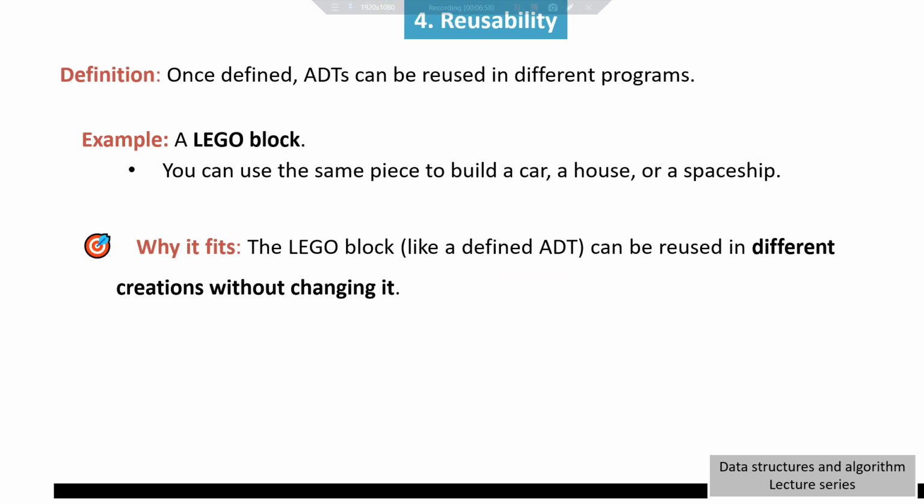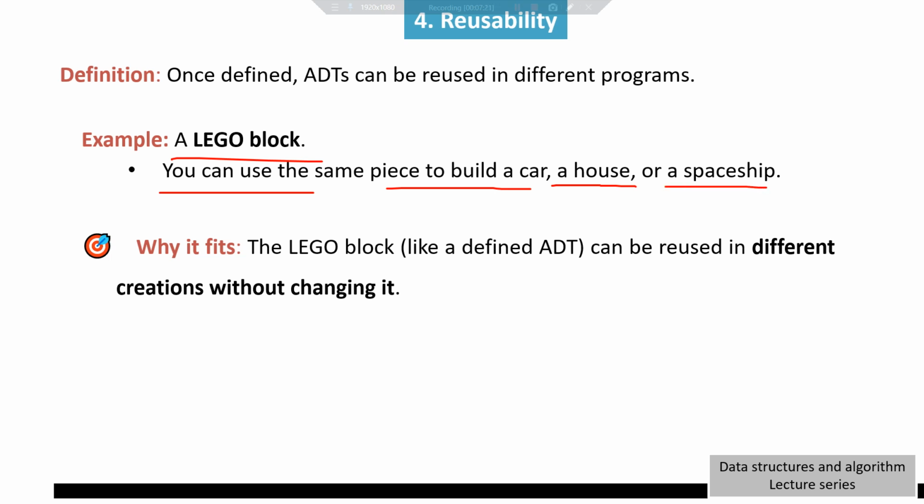Very important, that is reusability. So once defined, ADTs can be reused in different programs. For example, a Lego block, this is a general example. You can use the same piece to build a car, or in some different case you can use the same piece to build a house or a spaceship.